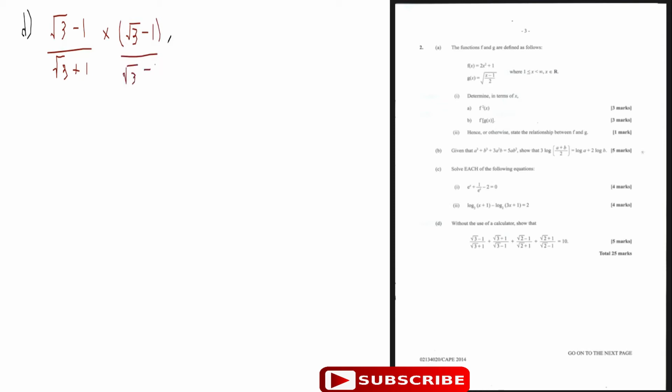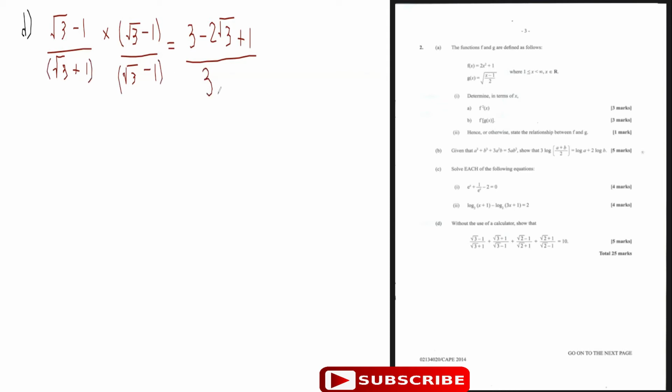When I do that, this is going to work out to be root 3 times root 3 is 3. Root 3 times minus 1 is minus root 3. Minus root 3, that's minus 2 root 3. And then minus 1 times minus 1 is plus 1. Then we're dividing that by the denominator, which is just the difference of two squares, a squared minus b squared.